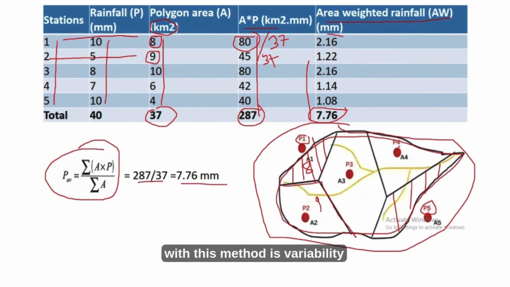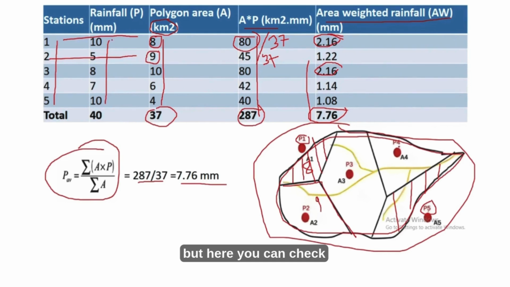The problem with this method is variability. I already told you this method is less affected by variability compared to the arithmetic mean method, but still it is influenced by variability. For example, you can see here the area of rainfall of weather station 1 is 2.16 and 2.16 for weather station 3.